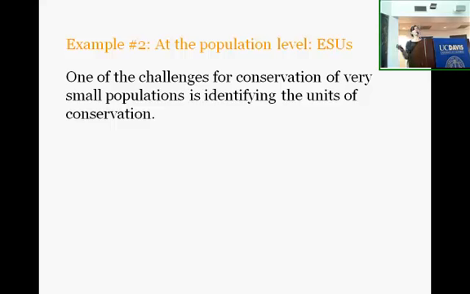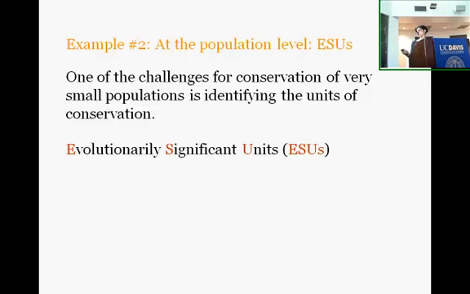Right? So say we bought into an EDGE approach and we picked our 10 lemurs that we want to save. Well, when we go out into the field, you can't just say calling all lemurs of species X, right? We need to identify specific areas and populations that we are going to be able to give more intensive management efforts towards. And so in walks this very controversial and long debated idea of defining evolutionarily significant units, or ESUs.